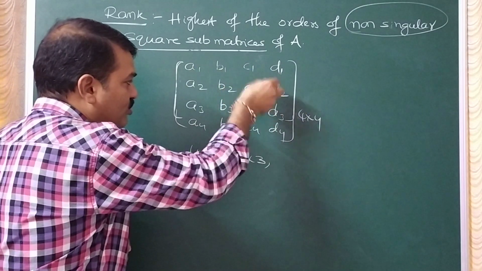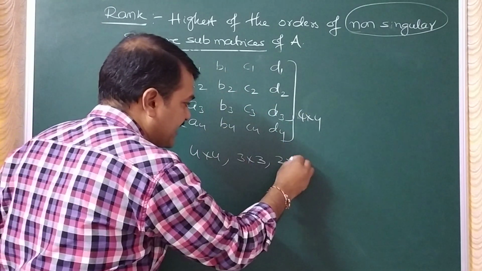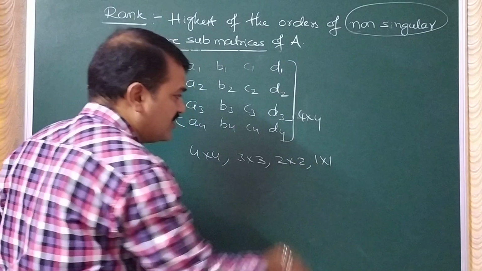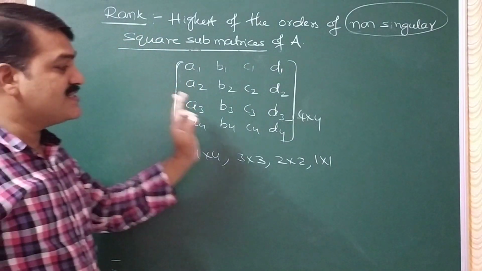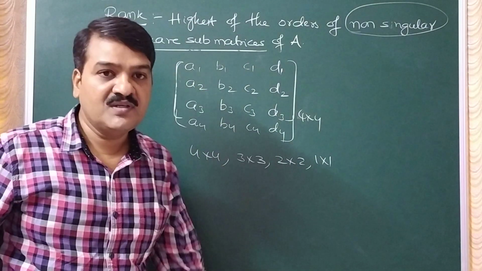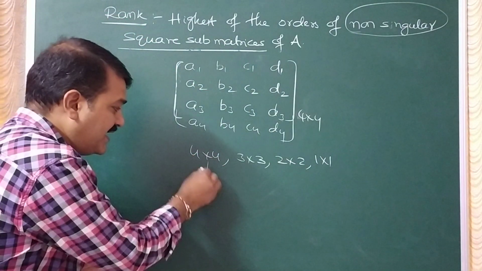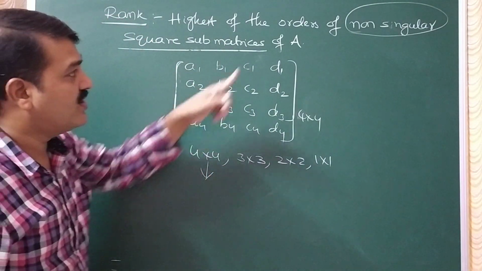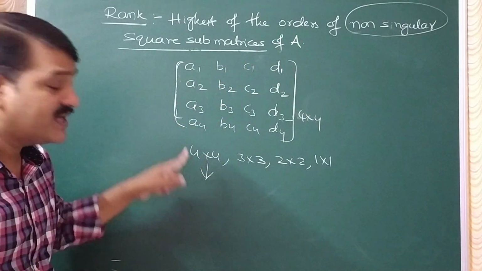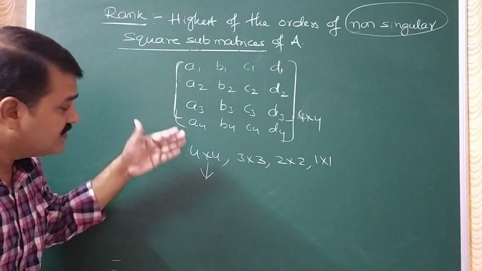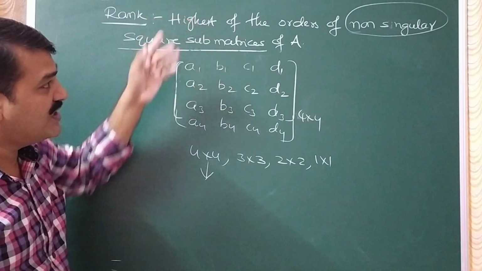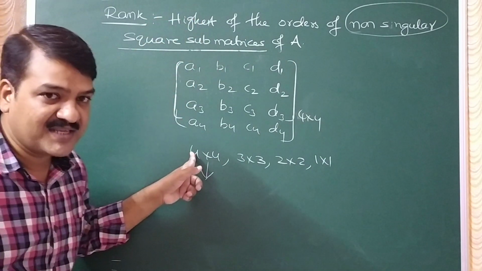By removing 2 rows and 2 columns, you will get 2 by 2 submatrices, and you will get 1 cross 1 submatrix also. So these are the possible square submatrices. So first I will see whether I can find a non-singular matrix in this. So if I can find a non-singular submatrix in this, this is going to be the highest order non-singular submatrix.